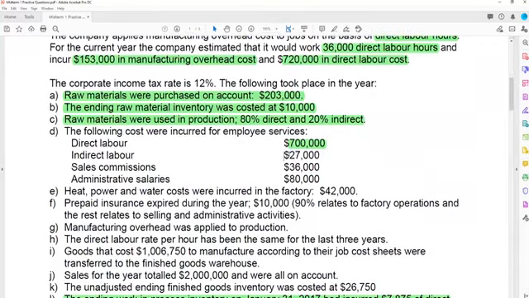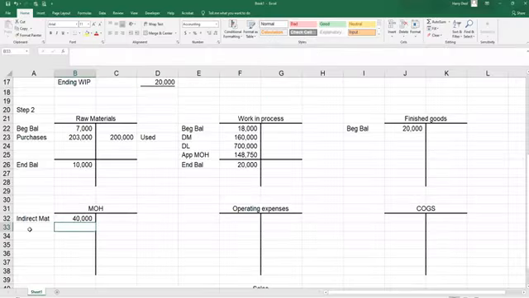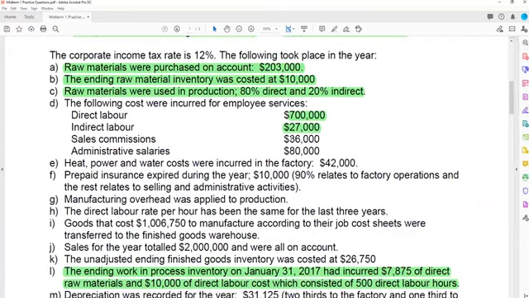Indirect labor cost is 27,000. Indirect labor will be added to manufacturing overhead, 27,000. Sales commissions, 36,000. Administrative salaries, 80,000.